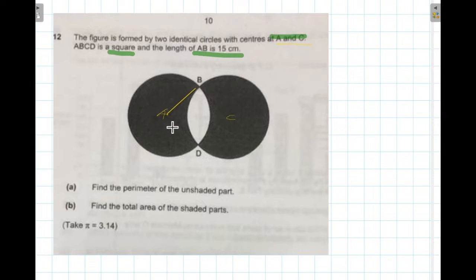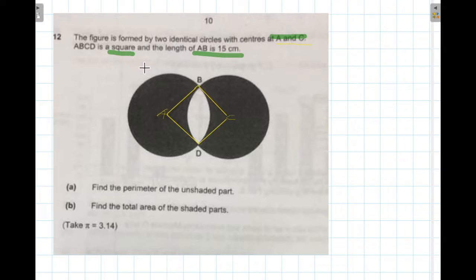You know that ABCD is a square, so I'm going to connect all four points to become a square. Okay, now it becomes a square already.